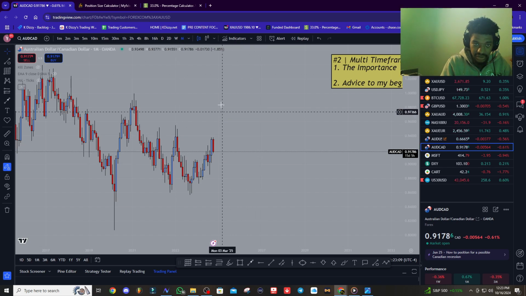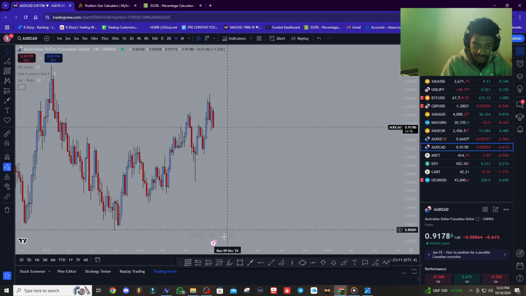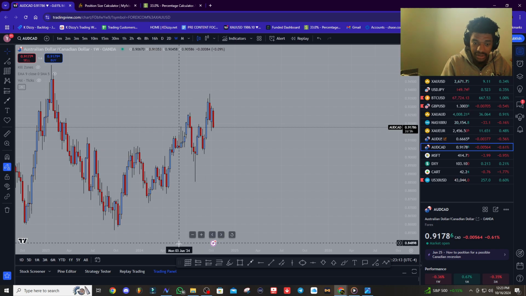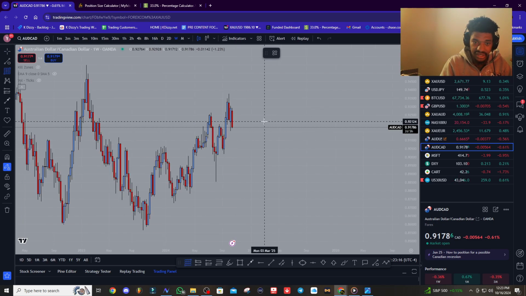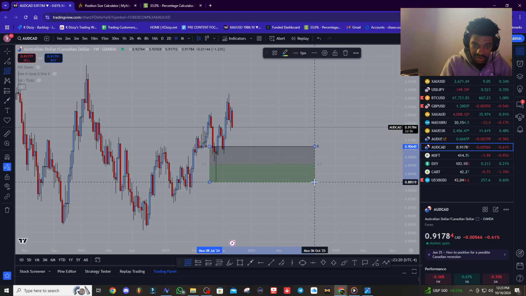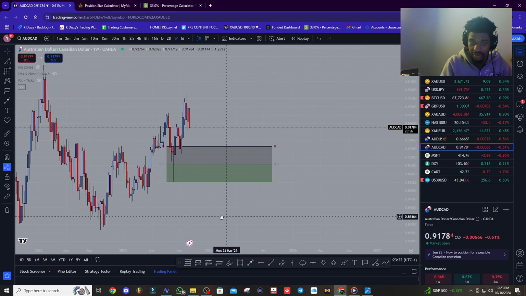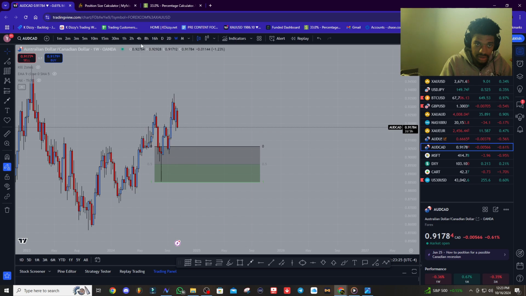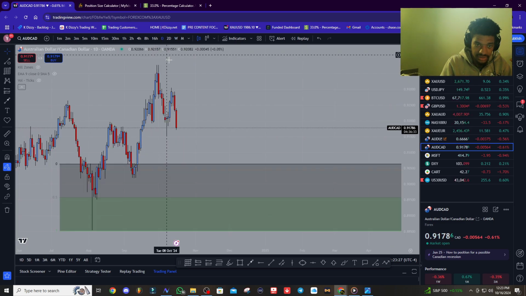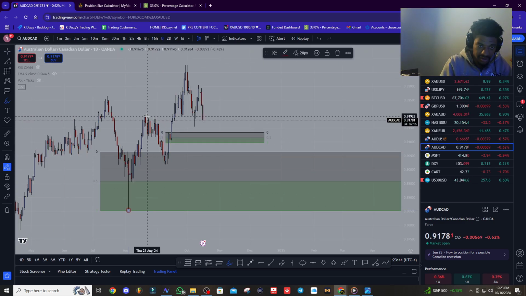But I could do something like this. On the weekly, I see it a little bit better. I see this right here, institutional candle. You'll learn that in the next module. And let's see in the daily. Boom, I see this right here, this right here, this right here. So low, high, lower high, low, high, higher low, higher high.